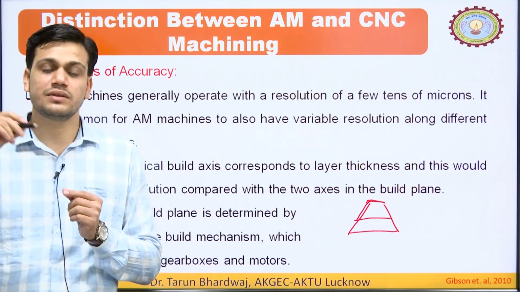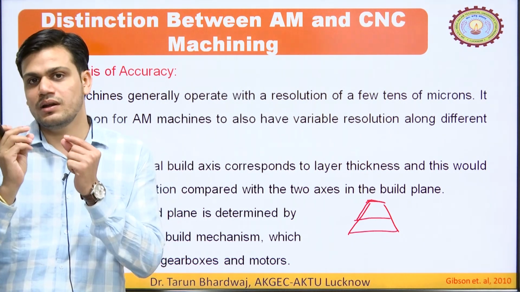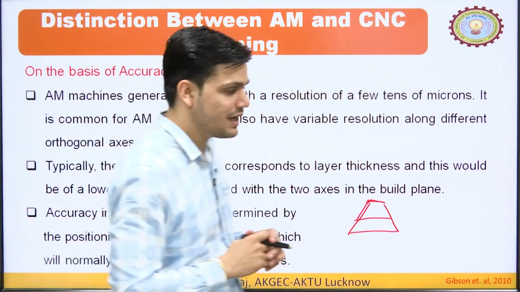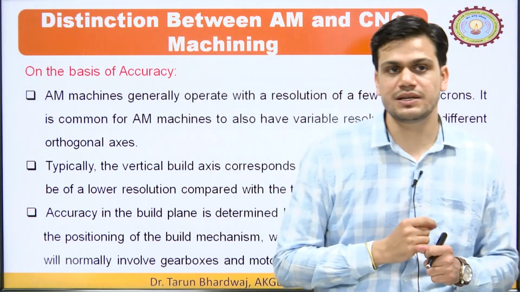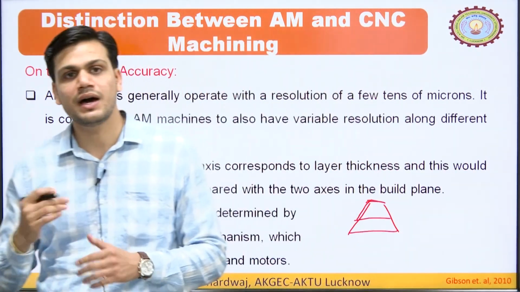And when we talk about the lower layer thickness, the stairs are very less. So what actually happens is that the accuracy for the lower layer thickness is very high compared to the high layer thickness.